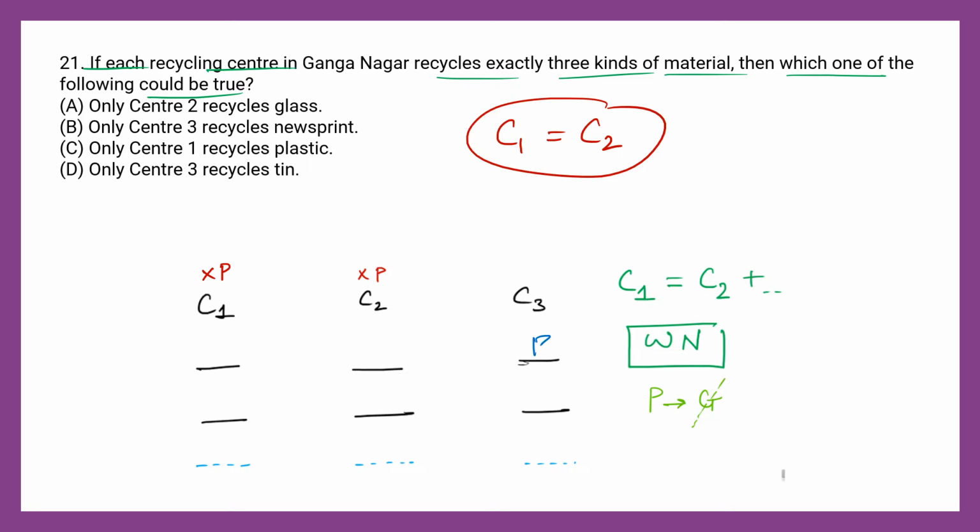And if you have P in C3, it means that there is no G here.